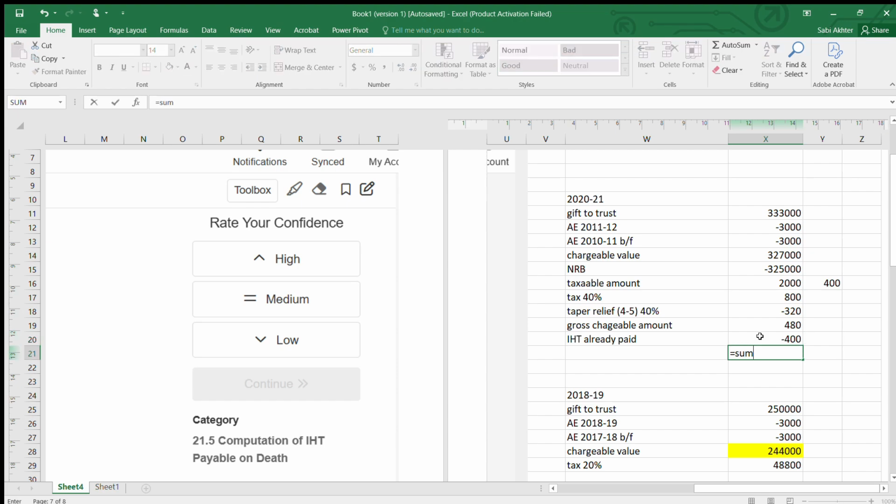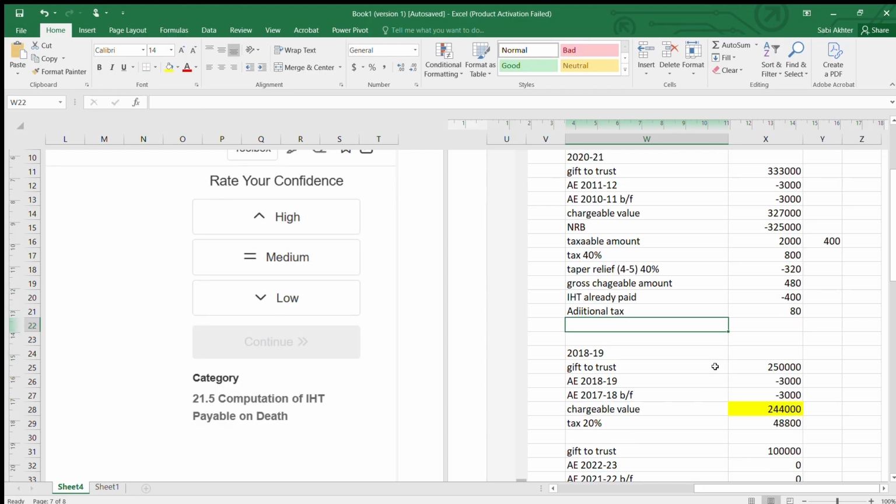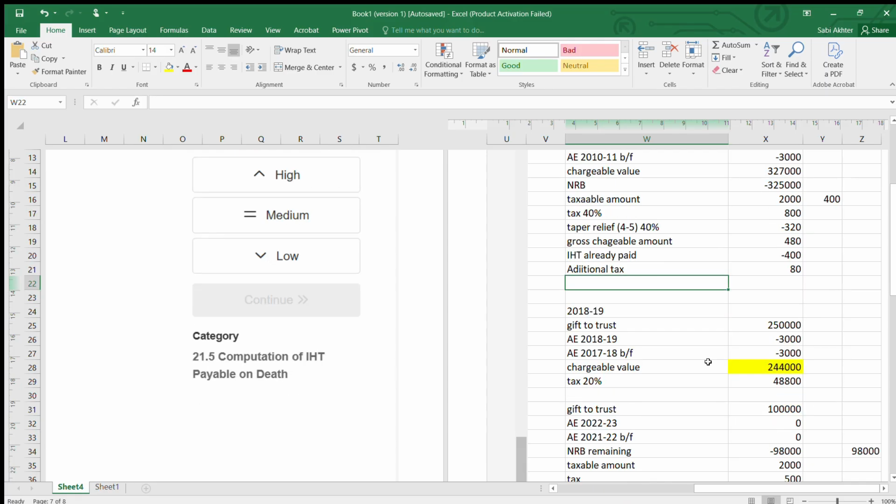Now we'll be doing the sum function to find the total. So it's 80. 80 is your additional tax that is due on death. This 80 is the additional tax that you have to pay, and it will be paid by the trustee. The next gift, that is 2223.